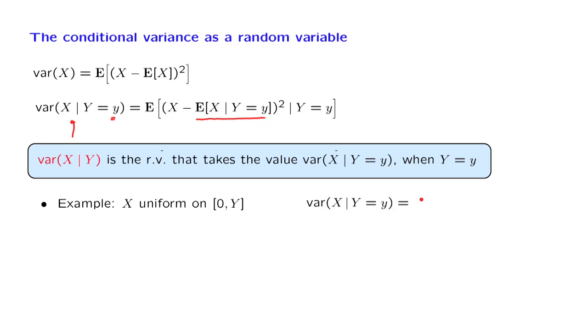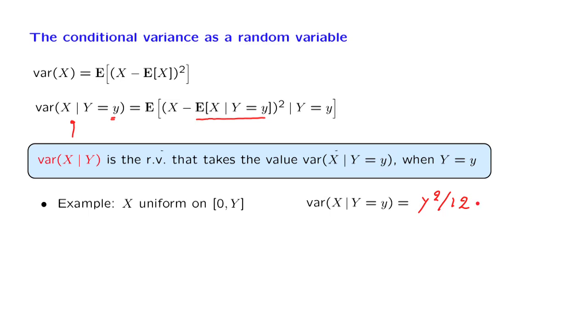A random variable that's uniform on an interval of length little y has a variance that we know what it is. It's y squared over 12. So this is an equality between numbers. For any specific value of little y, this is the numerical value of the conditional variance.